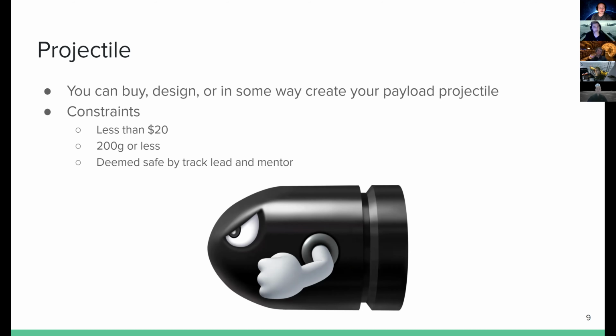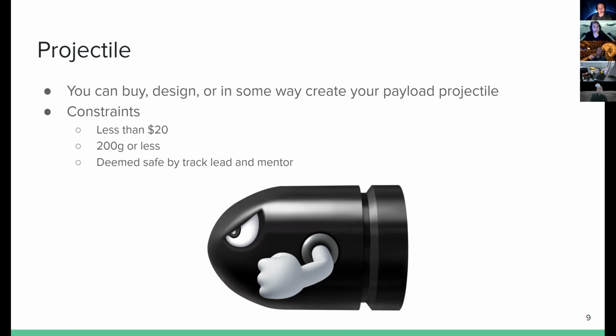The projectile has to weigh 200 grams or less. So no crazy projectiles. You can imagine that anything too heavy would become dangerous quickly, especially because 15 feet isn't that short. And the last thing is that it needs to be deemed safe by the track lead or mentor.